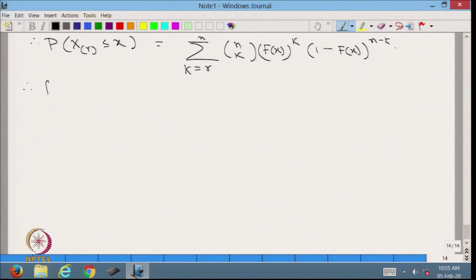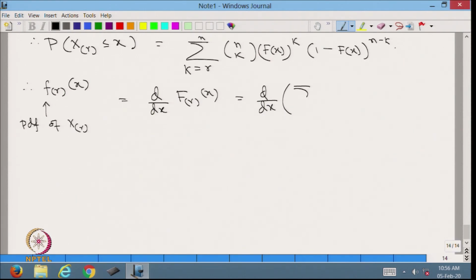Therefore, f_r(x), that is the PDF of X_r, is equal to d/dx of F_r(x), which is equal to d/dx of sigma k equals r to n of n C k F(x)^k (1 minus F(x))^(n minus k).